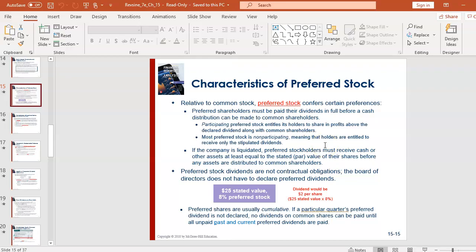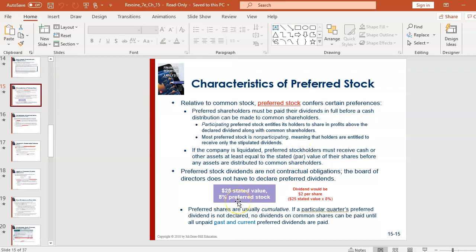They can only be a certain amount, whereas common shareholders do not have a cap on the dividends. Also, if you're a preferred shareholder, in order to get that preference for dividends, you give up your right to vote for the board of directors. So you don't get to participate like a common shareholder would. So you're giving up one right for another right. And the right basically is to get dividends.